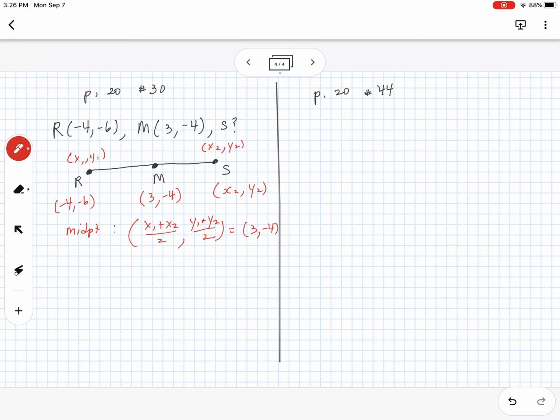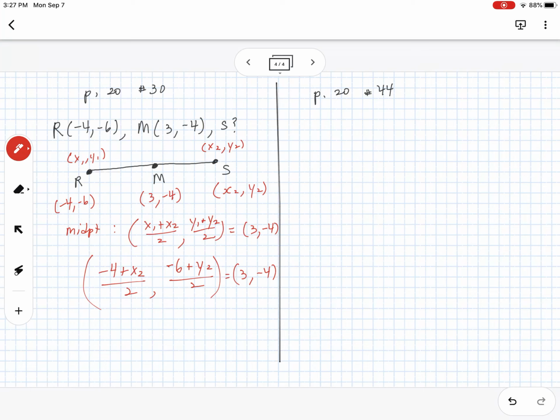And then from there, we can put in all of our points. So -4 plus x2 over 2, and then -6 plus y2 over 2, and this has to equal 3 comma -4.